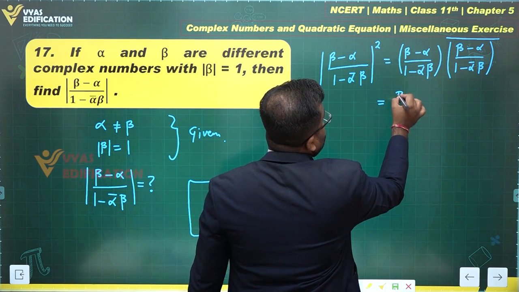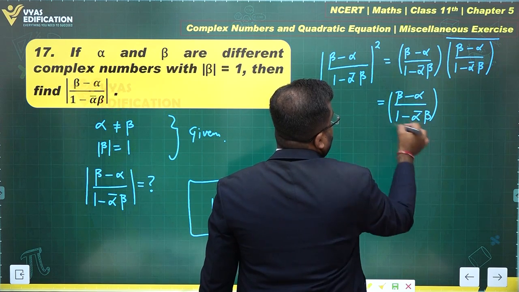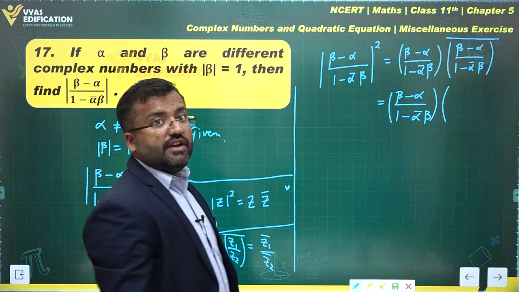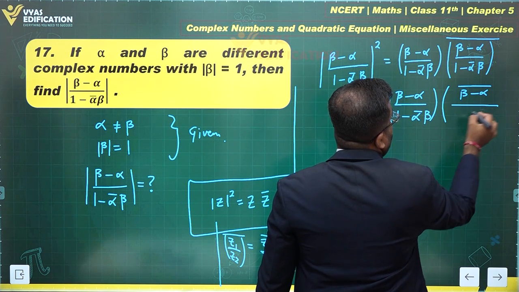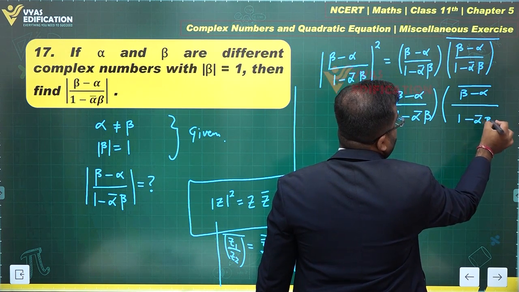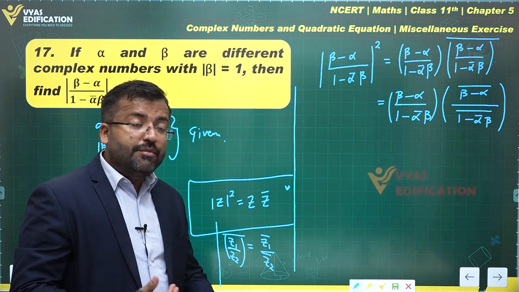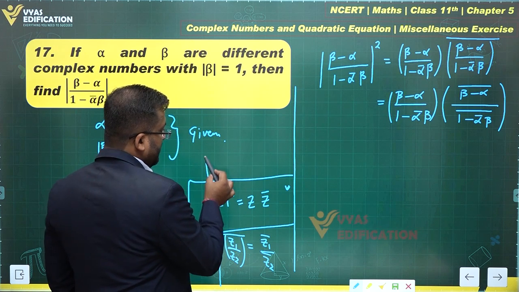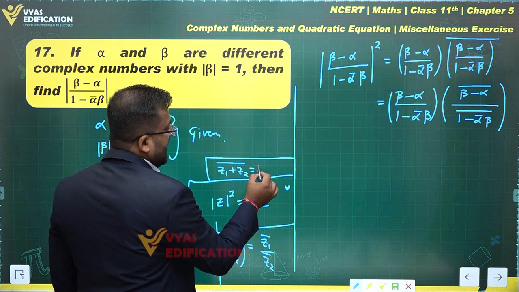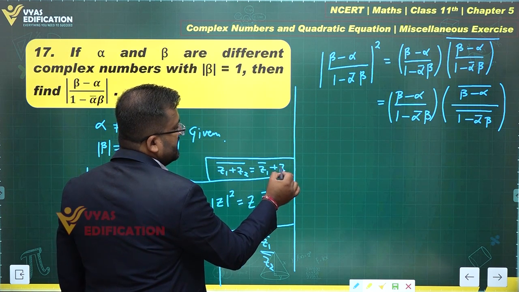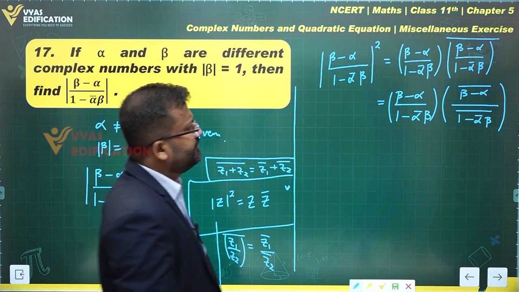So beta minus alpha is okay, and 1 minus alpha bar beta is also okay. What you get is beta minus alpha complete bar over 1 minus alpha bar beta complete bar. Another property of conjugate: Z1 plus Z2 bar is equal to Z1 bar plus Z2 bar. Let's use that next.